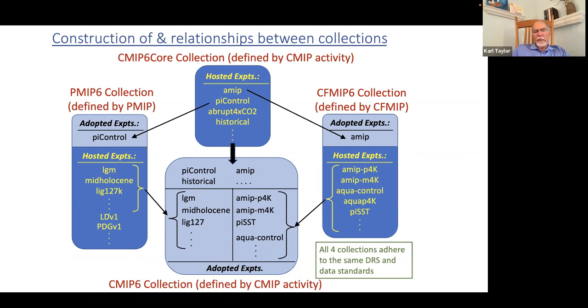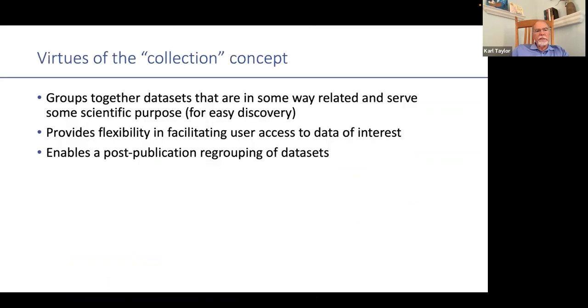So I'm hoping that maybe something like this can be instituted. It does require a bit more management of and control over the catalog than we have at present. The virtues, just to reiterate, of a collection concept is that we can group together data sets in a way that they weren't originally grouped. We can form a new collection from existing experiments and make that more easily accessible to users as a package.